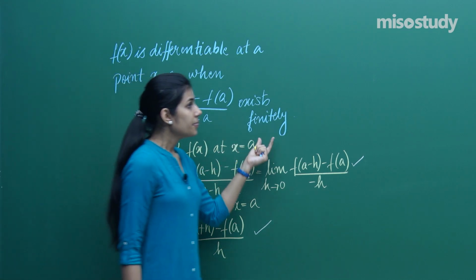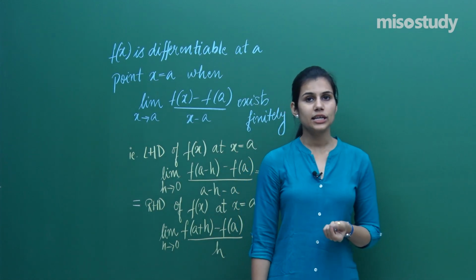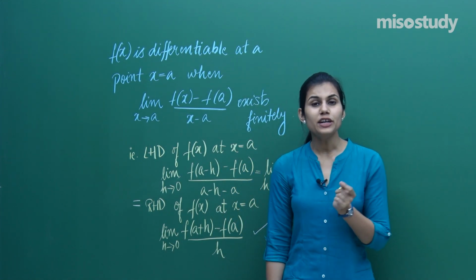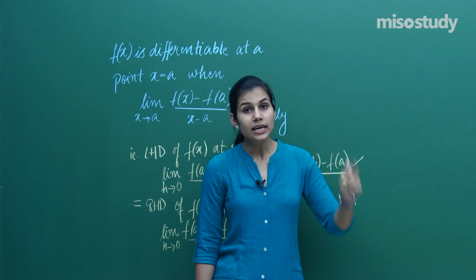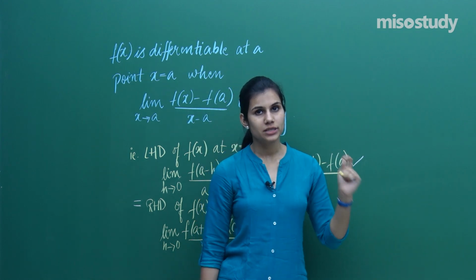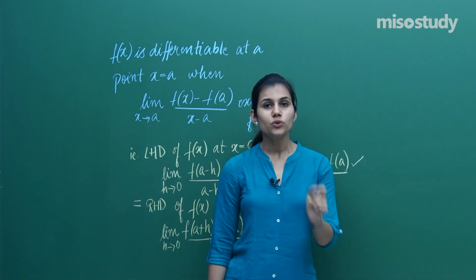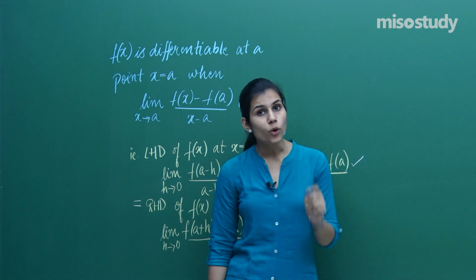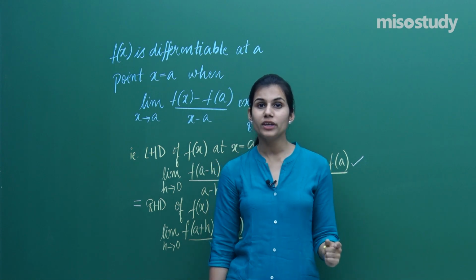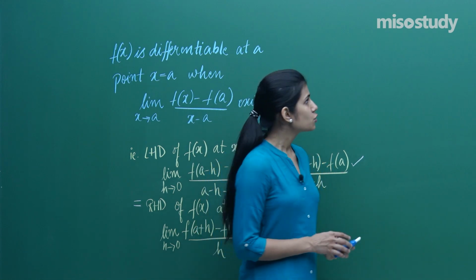Fine. Now what we discussed in the last lecture was that whenever a function is differentiable at a point, it will necessarily, compulsorily be continuous at that point. I also explained to you a geometric, natural, intuitive way to understand this particular concept. Moreover, we formalized it by proving it in a complete manner. So what did we learn?